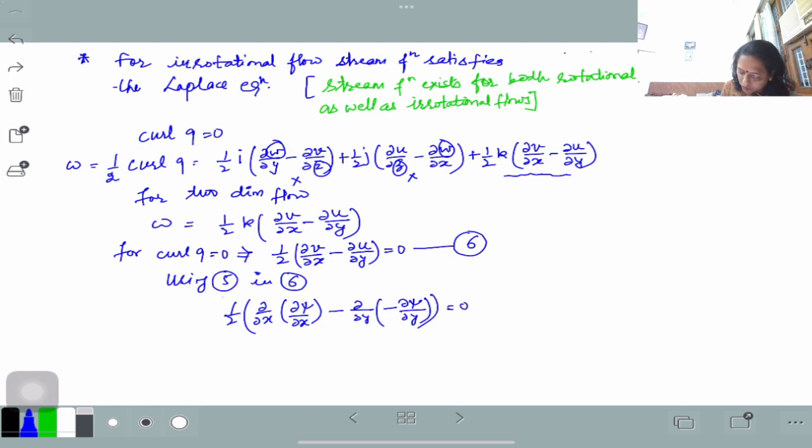Then this is equal to 0, or ∂²ψ/∂x² plus ∂²ψ/∂y² is 0, which is nothing but the Laplace equation. So the Laplace equation is satisfied.